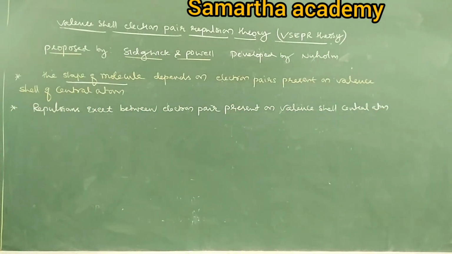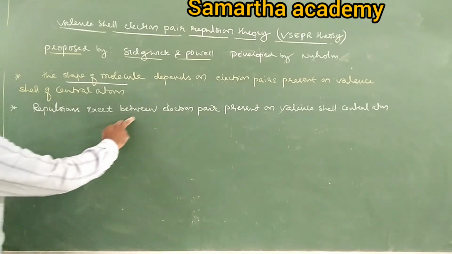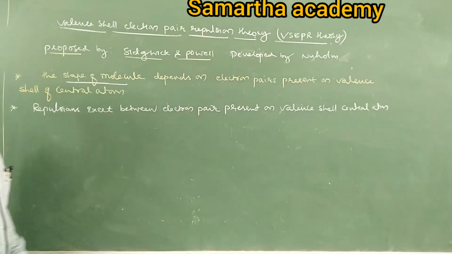So obviously, if electron pairs are present on the valence shell of the central atom, repulsions are exerted, because repulsion between electrons is possible, right? So repulsions exert between electron pairs present on the valence shell of the central atom.